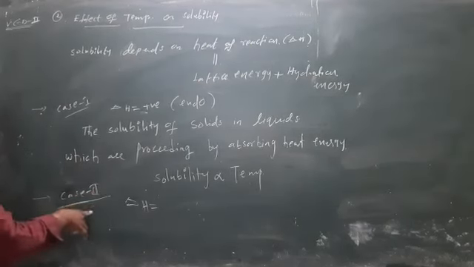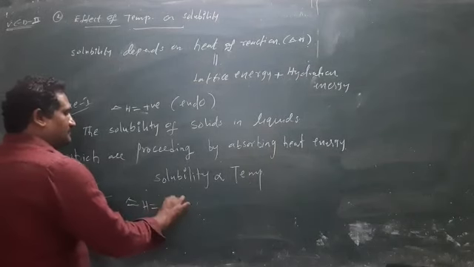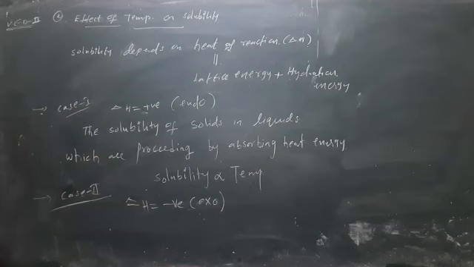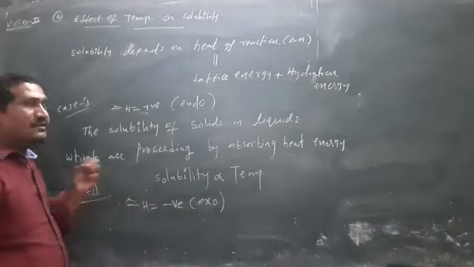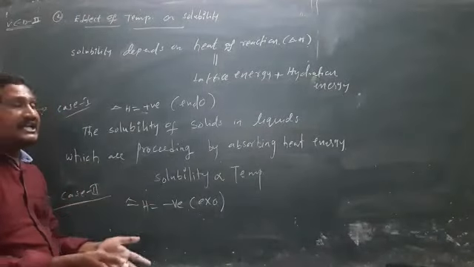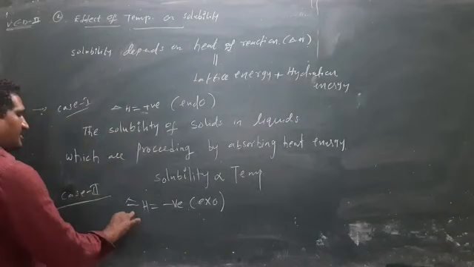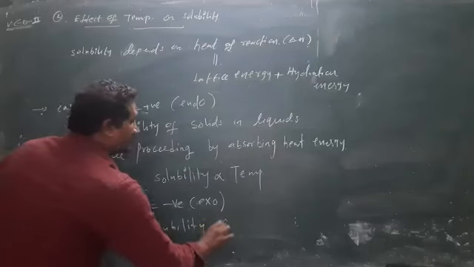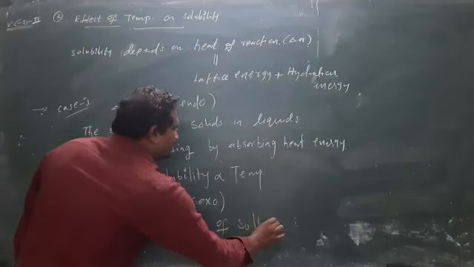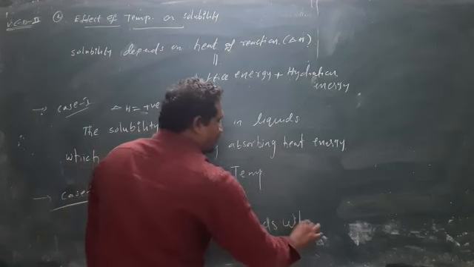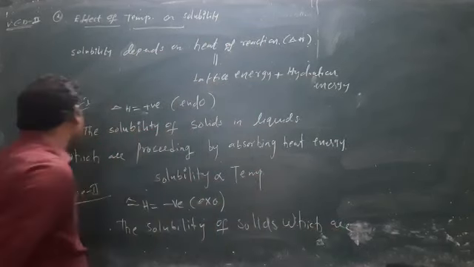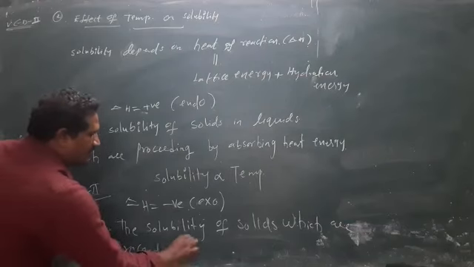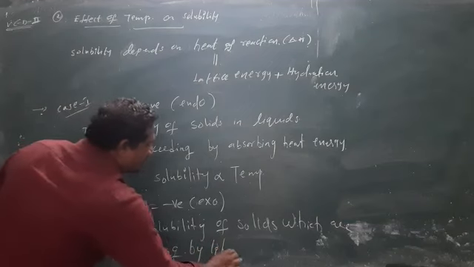And case 2: delta H is negative, exothermic process. Delta H is negative, exothermic. That means the solubility of solids in liquids which are proceeding by liberation of energy.